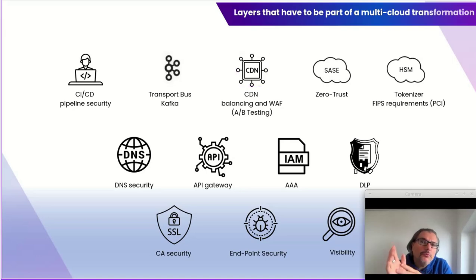CDN: if you move across cloud service providers, having a CDN in front is mandatory, but you need to think about CDN not just in terms of application routing, but more in terms of the web application firewall and the security controls that you have in it. If you get a DDoS, the CDN is your mitigation.